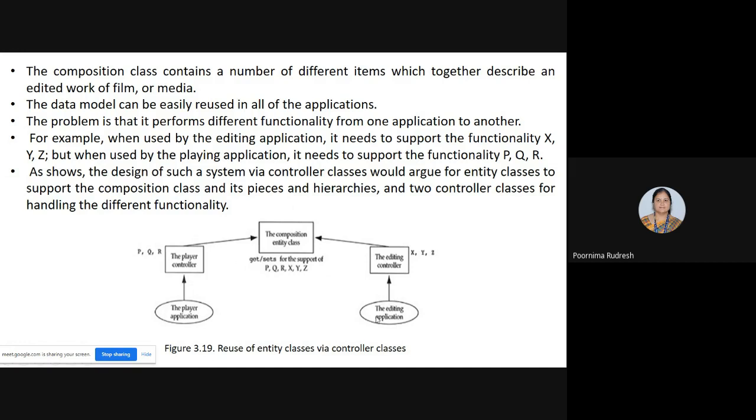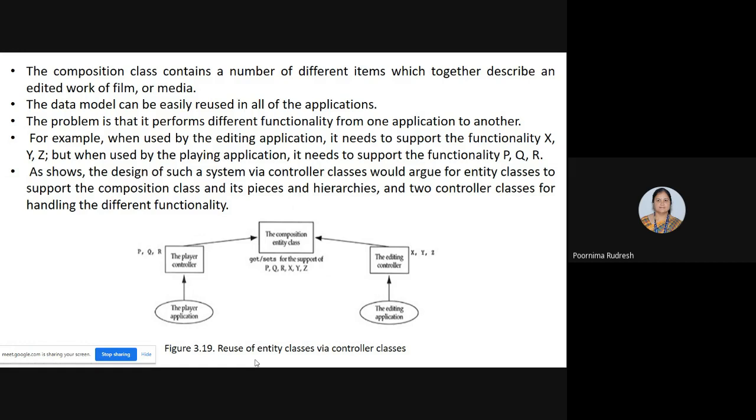When the data model is used by the editing application, it should support the functionality of XYZ. And when it is used by the playing application, the data model should support the functionality of PQR. Understood?